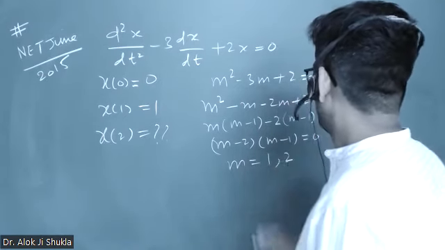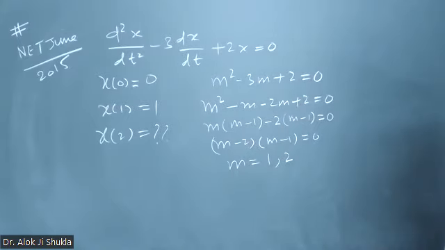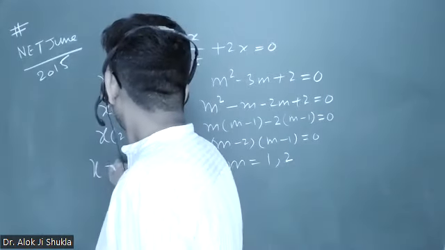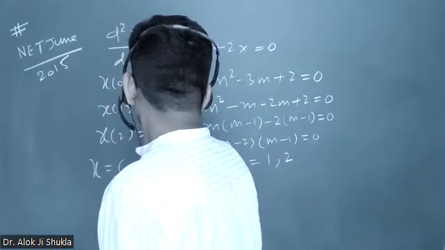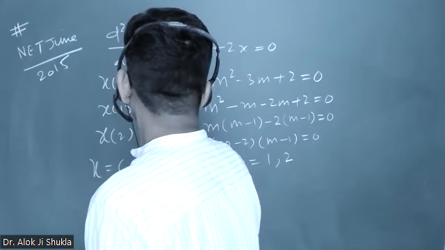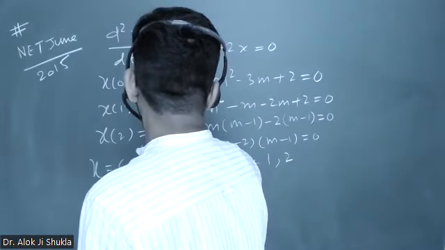So m is equal to 1 comma 2. These are the roots. So what will be the solution? C1 e to the power t plus C2 e to the power 2t.